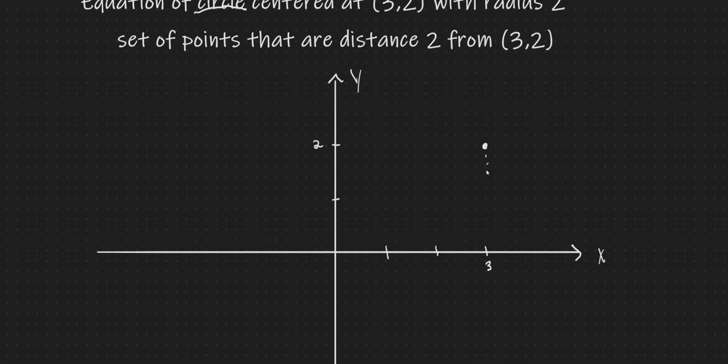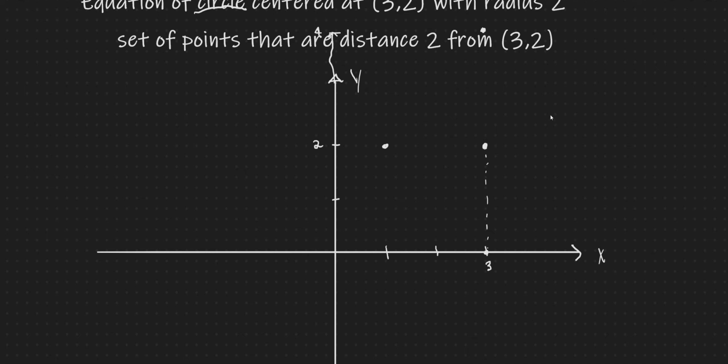Right, so set of points that are distance 2 from 3, 2. So 1, I want to go down. That's 2 away. So this point is on the circle. That's distance 2 from the center. This point is on the circle. If I go up 2, I've sort of drawn myself into a corner here. The top would be up here. This would be at 1, 2, 3, 4. I have to extend that a little bit.